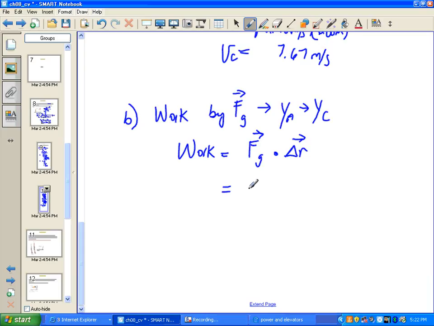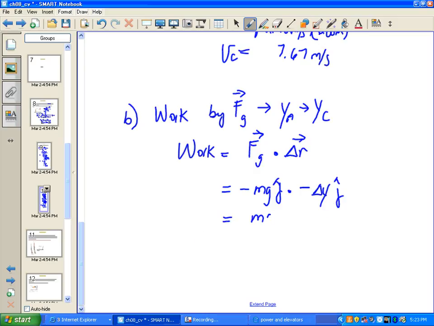So, this is from chapter 7, minus mg of the little bead in the j hat direction, dotted with minus delta y. The minus comes from the fact that we have minus j hat.